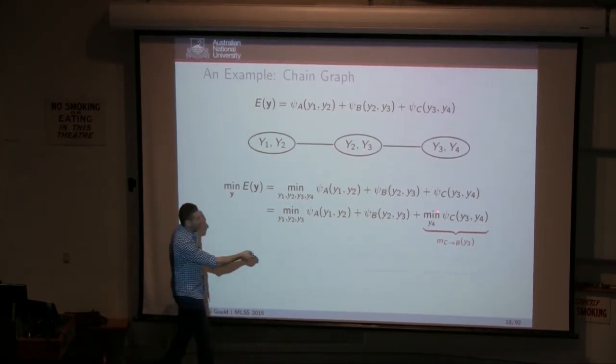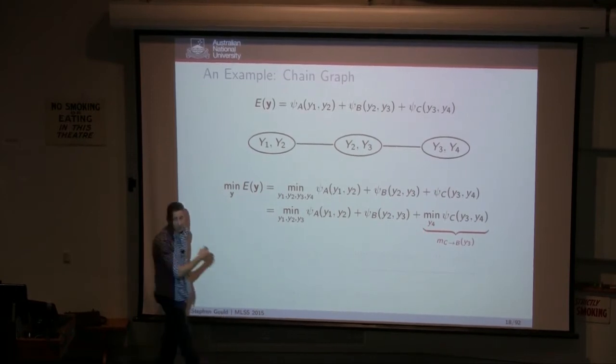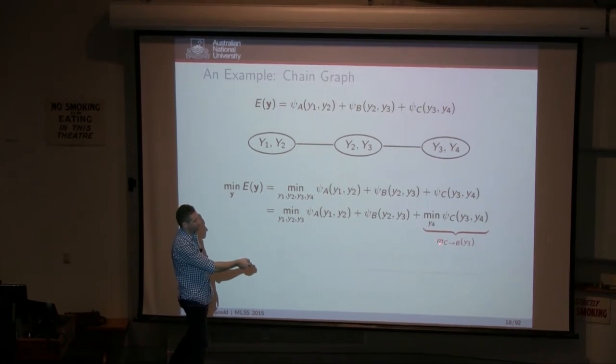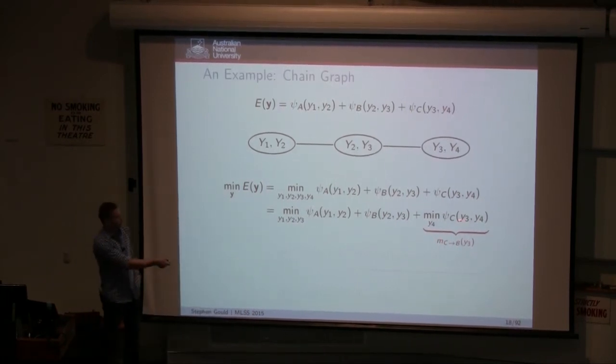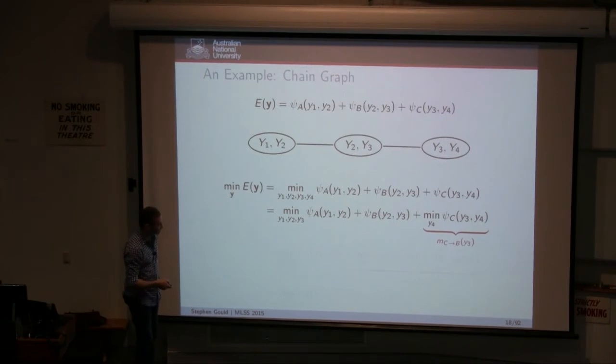And now all I have to do is minimize this function over y4. I end up with a function over y3, and I'm going to call that m C to B of Y3. It's going to be a message from clique C to clique B, which is defined over the variable Y3.